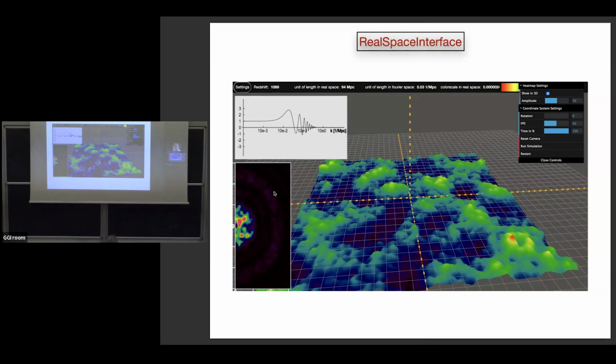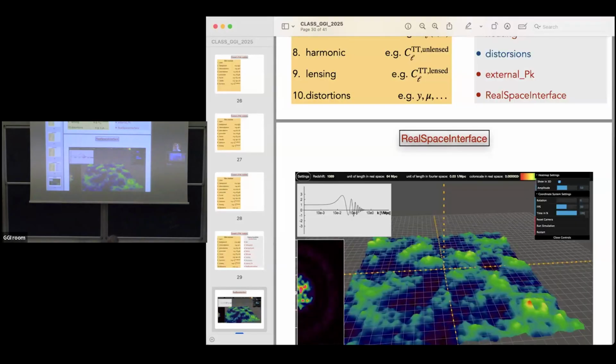Okay, and it's just for pedagogical purpose. So it's going to show you a small movie of the evolution of linear fluctuations in a little region in the universe. So you could try to explain linear theory just from this, but it's not enough.